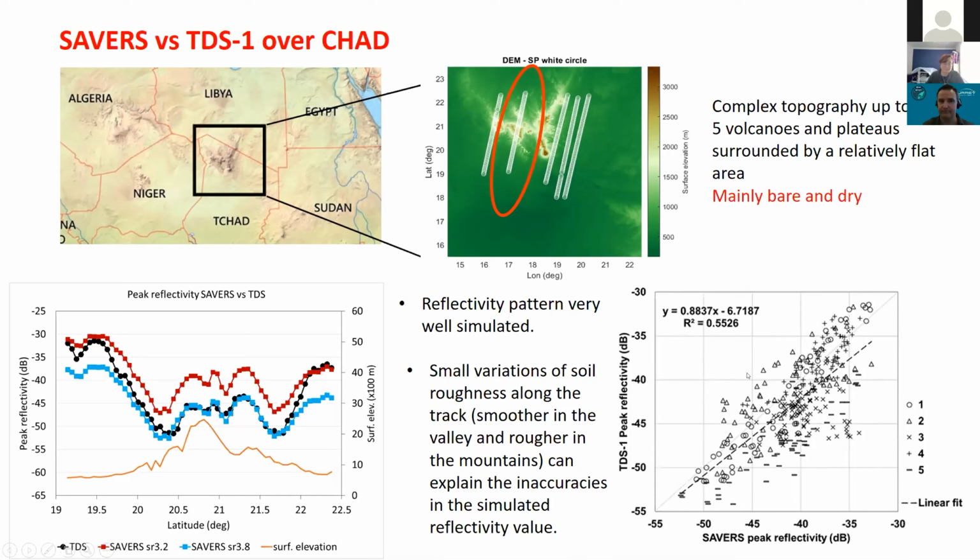And we see that small variations of soil roughness along the track can explain the inaccuracies in the simulated value. But we see that the data in the scatter plot have a good correlation coefficient.